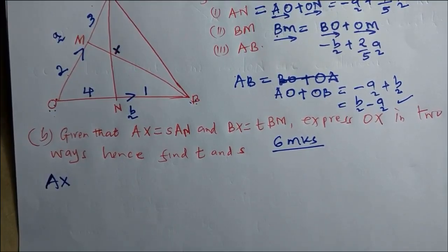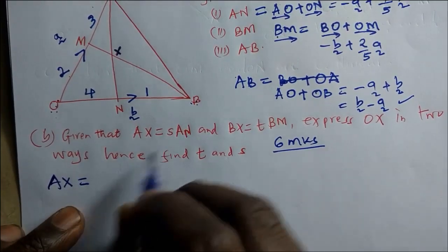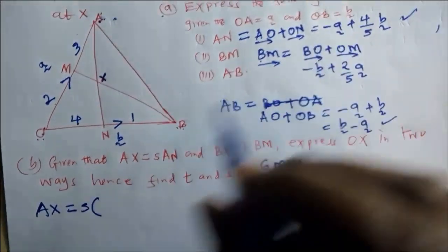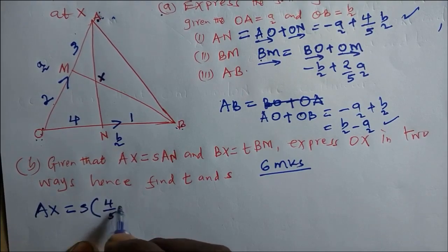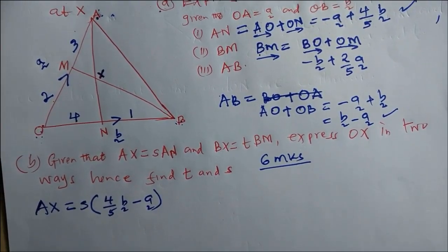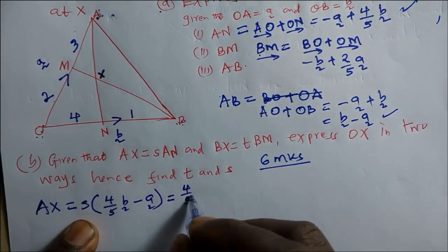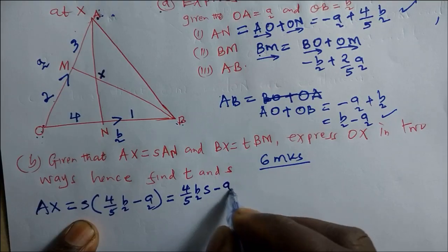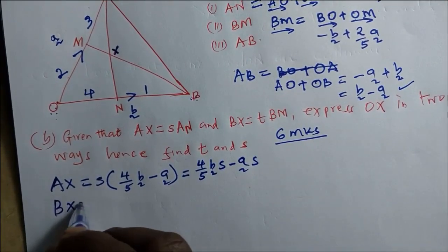AX is equal to S into AN, but AN is 4 over 5 vector B minus A. So AX is 4 over 5 vector BS minus AS.